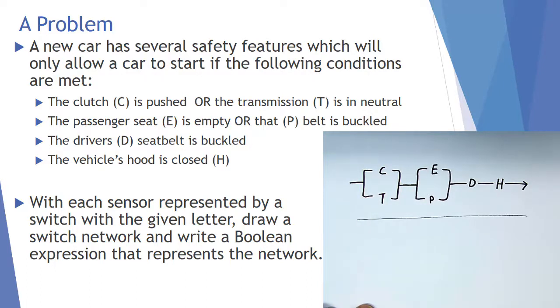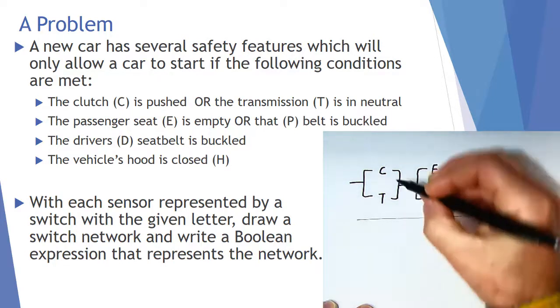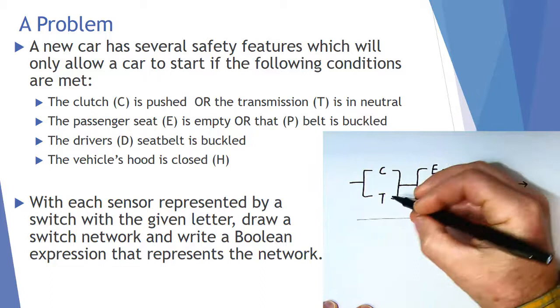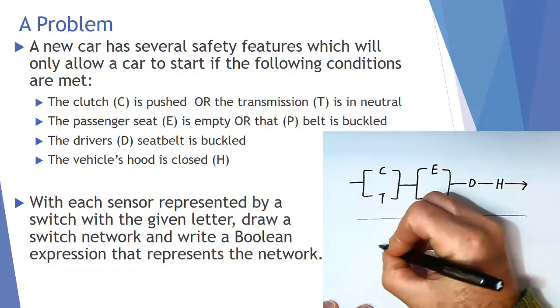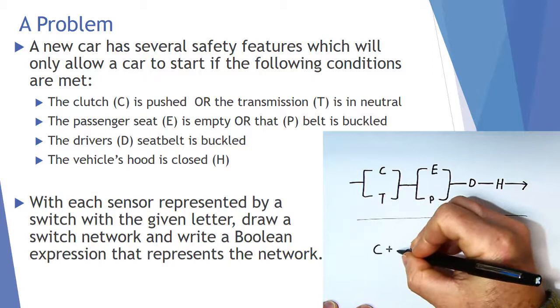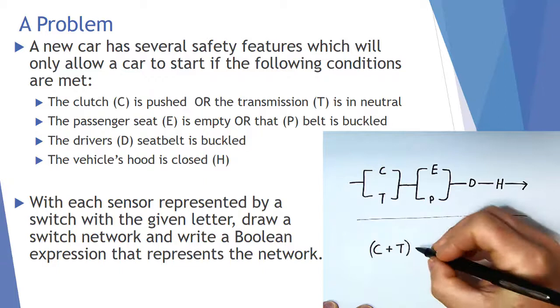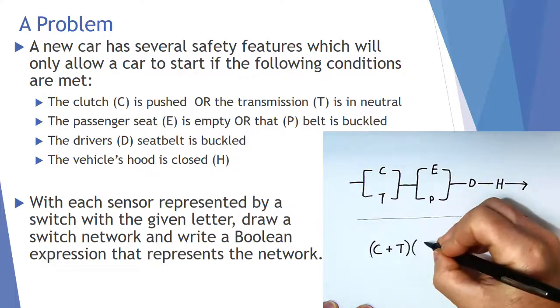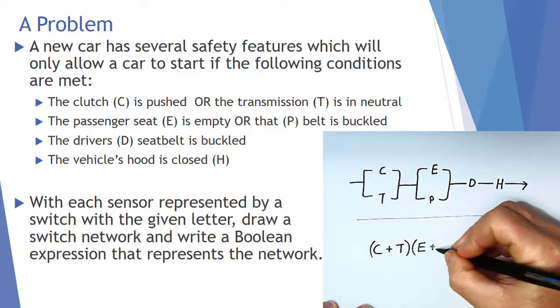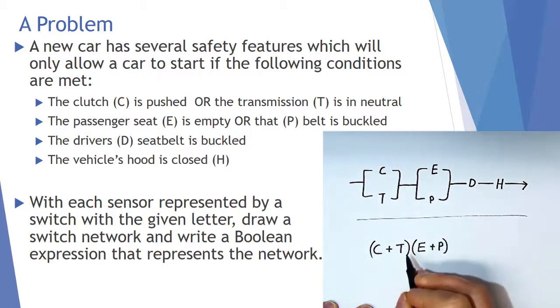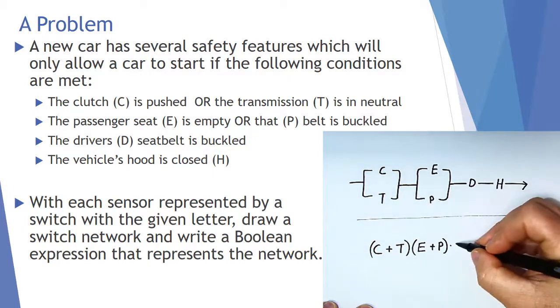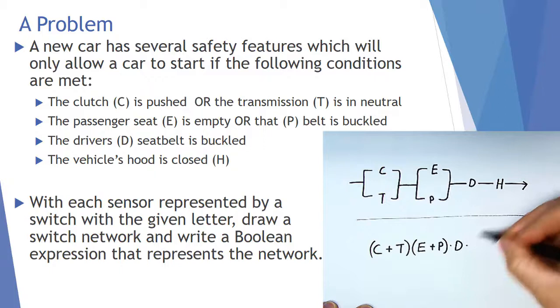Now, what would the Boolean expression be that represents this network? Well, let's start from the left. We have to have C or T. Since this is an or parallel situation, we would have C Boolean addition with T, C or T, multiplied by E or P. And we know that's multiplication because it's the same as a Boolean AND statement, multiplied by D, and multiplied, since it's in series, with H. And there it is.